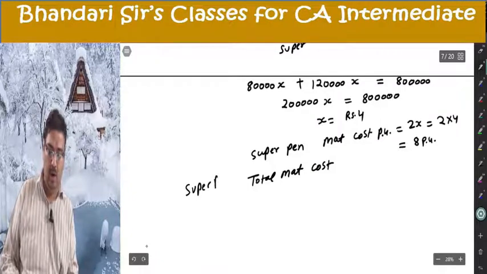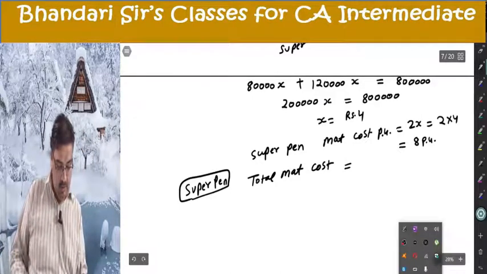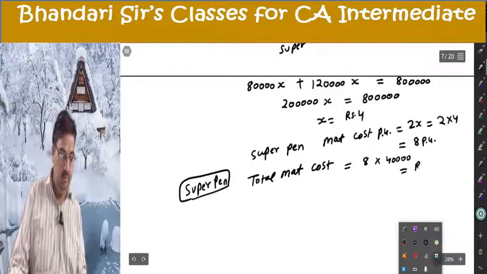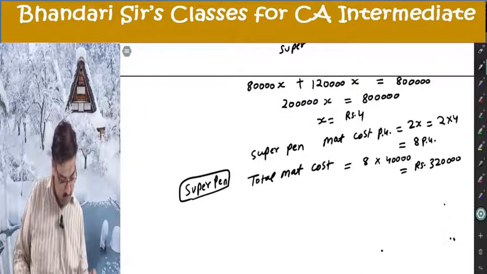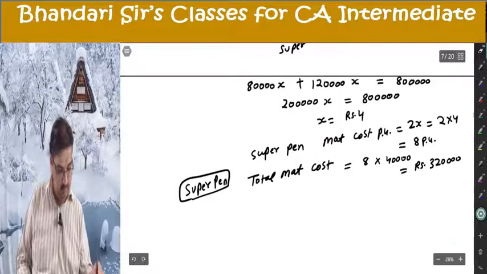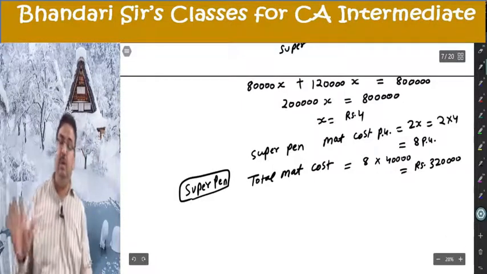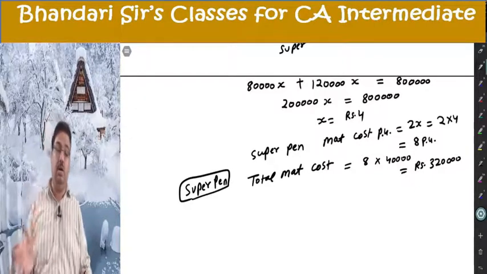I am not at all interested in normal pen because you are wanted to make cost sheet of super pen only. 8 multiplied by 40,000 rupees, 3,20,000 rupees. This is material cost. Now exactly in same manner labor cost shall be dealt.